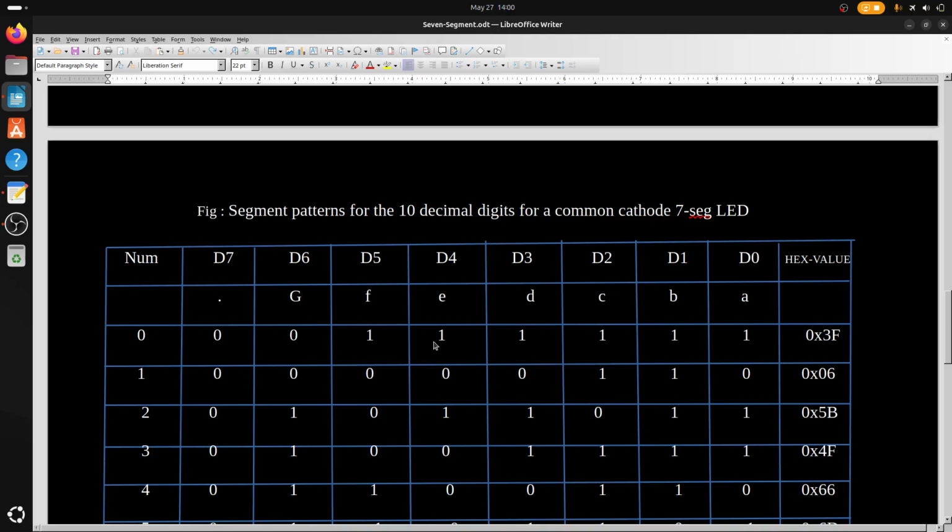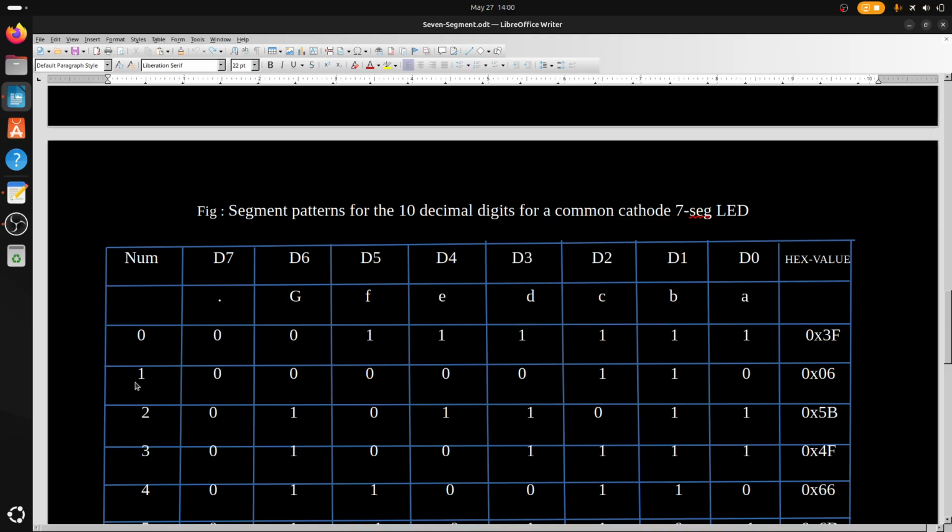This one is 3, and this one is F, so it becomes 3F. Why 3F? Because this nibble is 3, and this one, 1111, is F, that's why 3F.